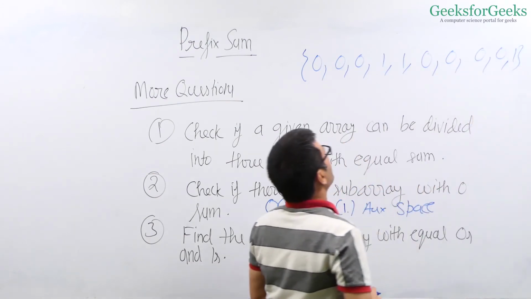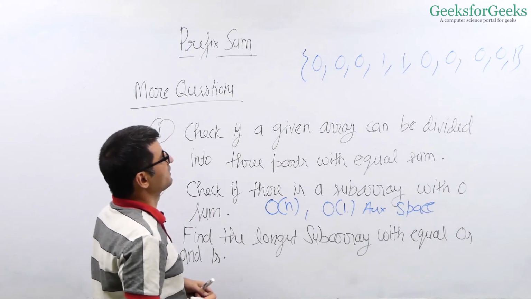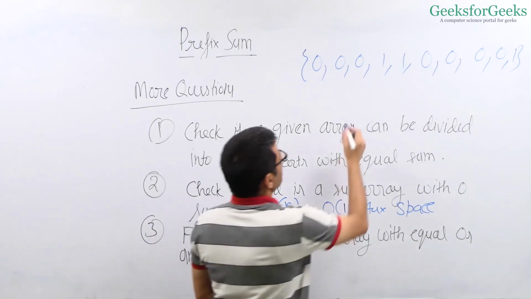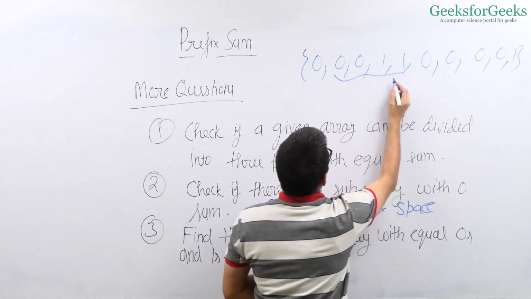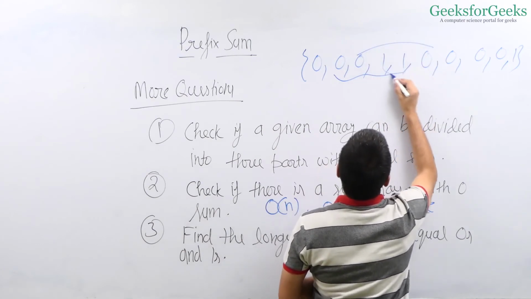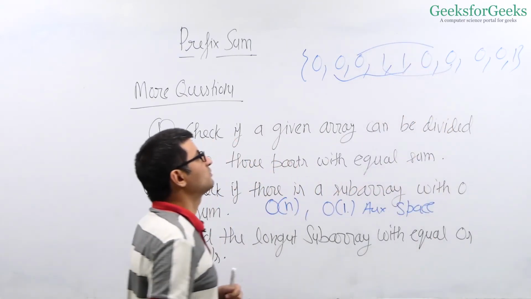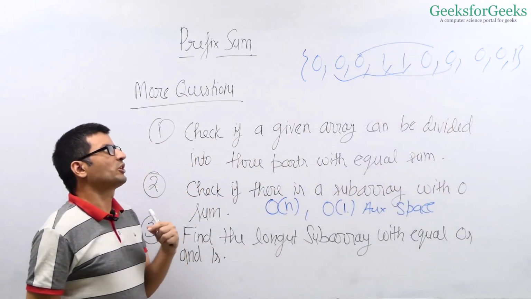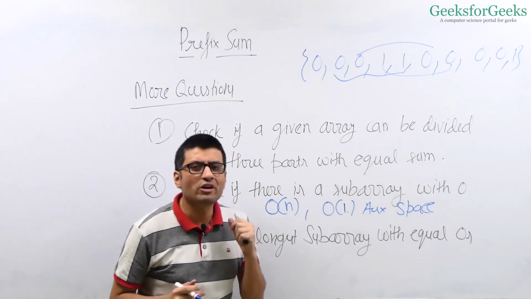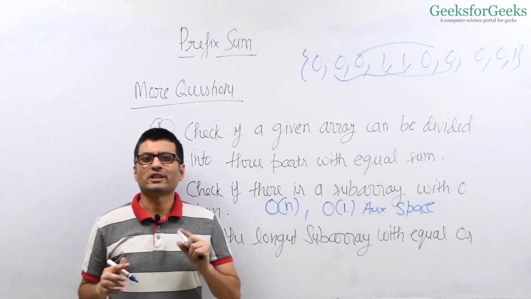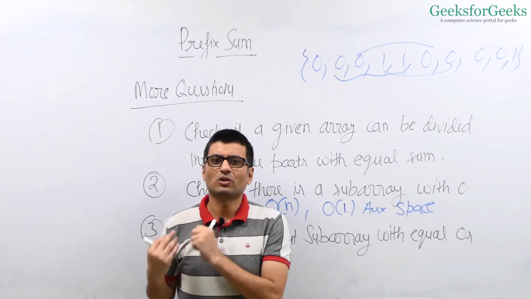You need to find the longest subarray with equal number of zeros and ones. So your output is going to be 4. You can either pick these 4, or you can pick these 4, or you can pick these 4. But you can't get size more than 4. So your output is going to be 4. 4 is the longest subarray size which has equal number of zeros or ones, right?